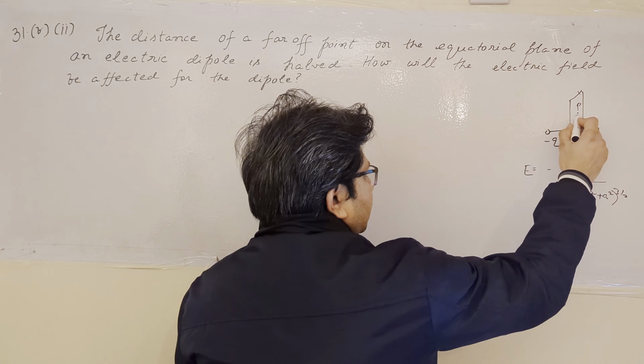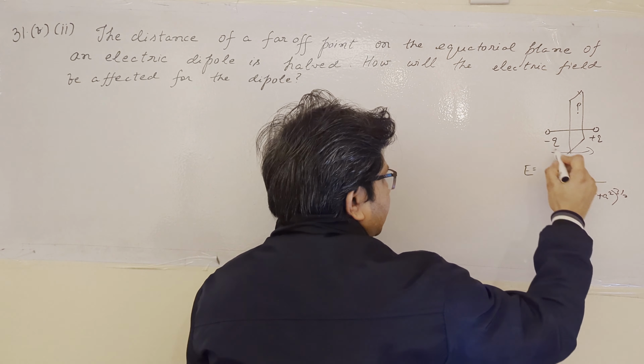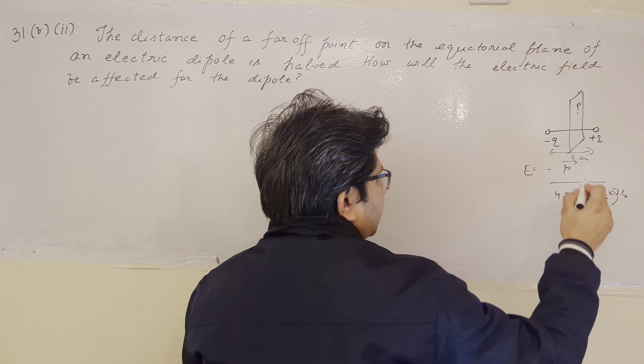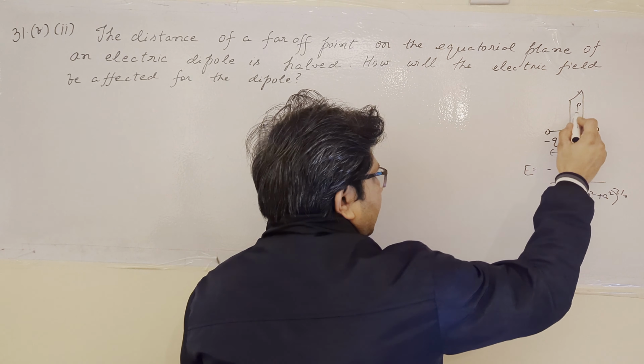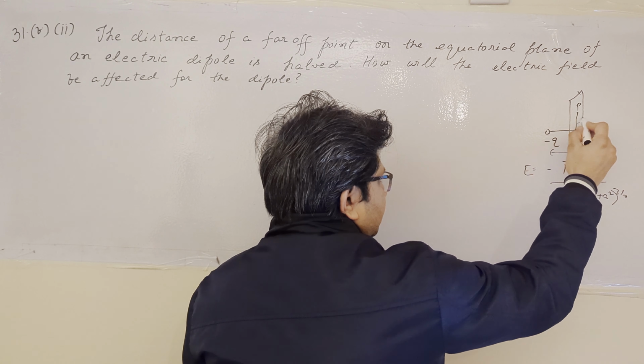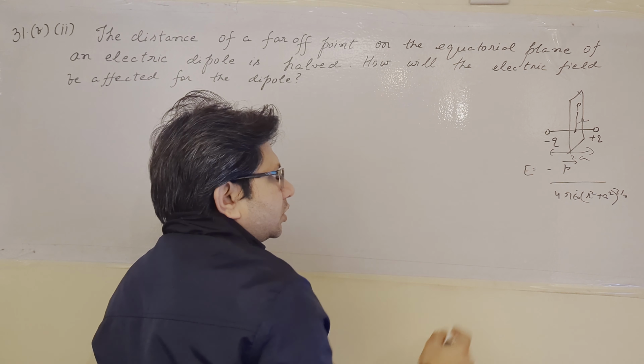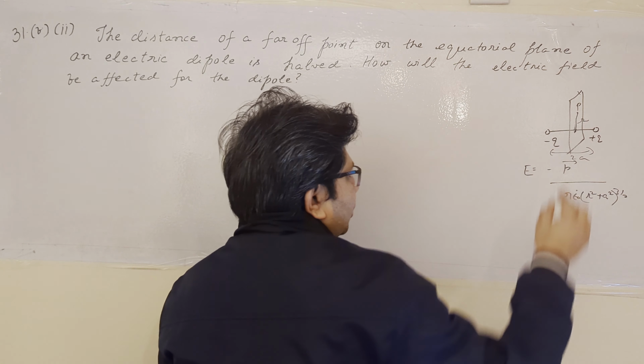Here 2a is the length of the dipole. From the midpoint, the distance of any charge is a, and the point is located at a distance of r from the midpoint on the perpendicular bisector line.